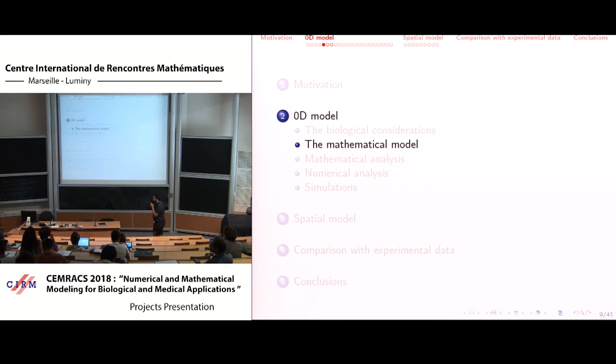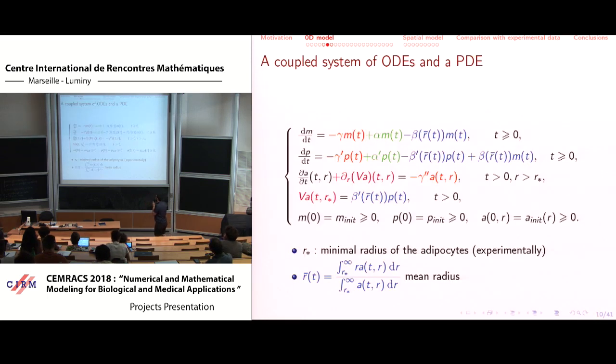That leads to a mathematical model, which is this one. Here we have two ODEs for the mesenchymal cells and pre-adipocyte cells, not involving the radius, as I told you that the radius was roughly constant for these populations. In red, we have the death term, in green proliferation, red there too. In blue, the differentiation and retrocontrol term. Here we have a flux, which is the growth of the adipocytes.